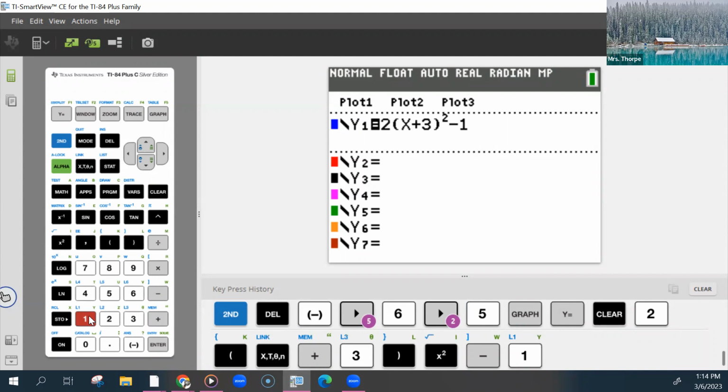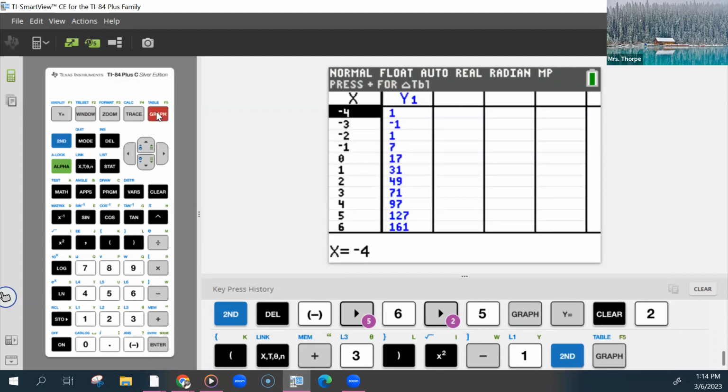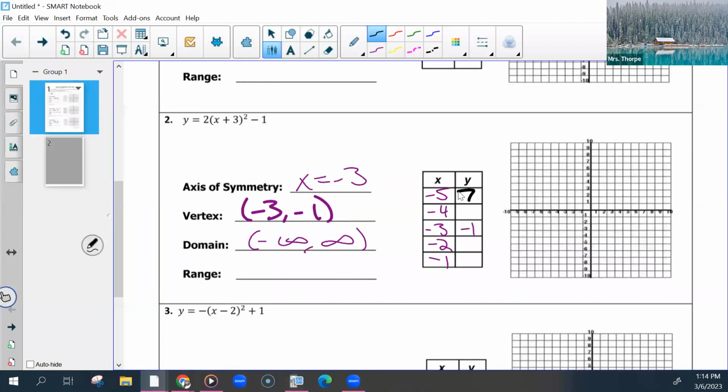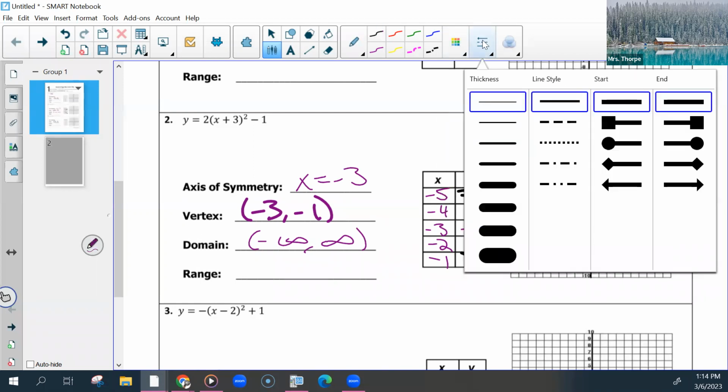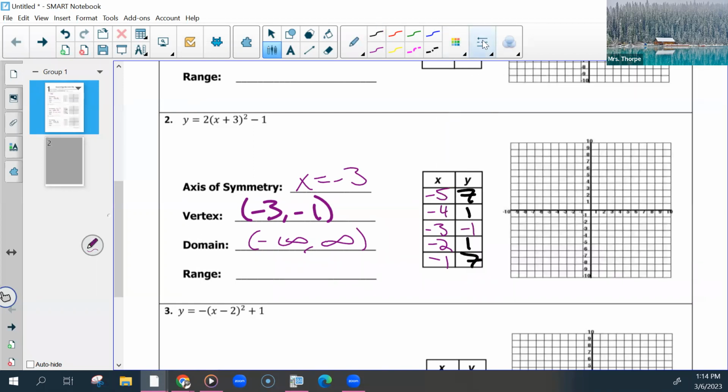And then if we go in the table, we already know our vertex is at -3, 1. So just fill out the rest of those, 7, 1, 1, 7. I always forget how to get into the table. How do you? Second graph. Thank you very much. Then you can fill out your values, or plot your values, is exactly what I meant.